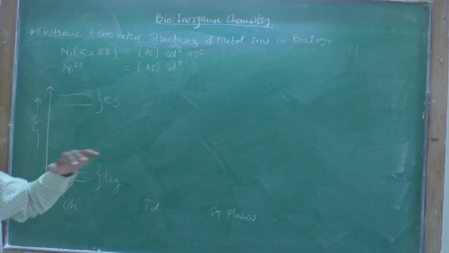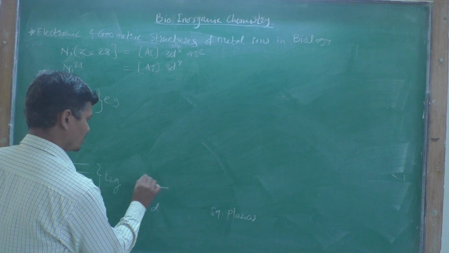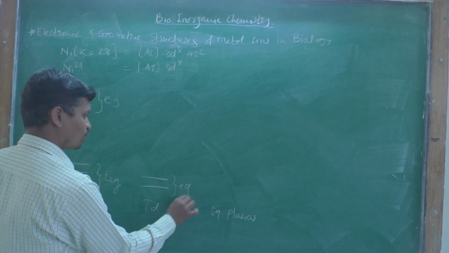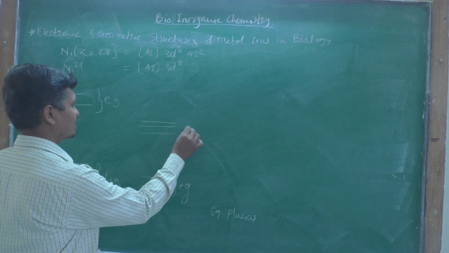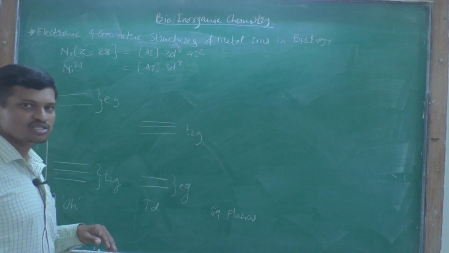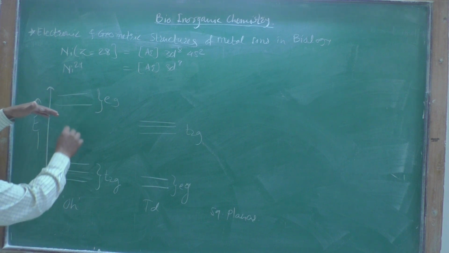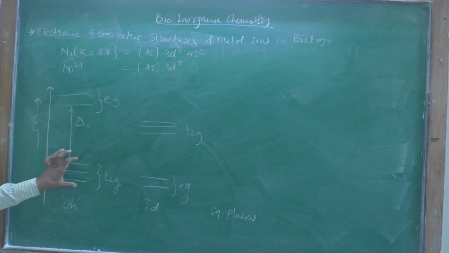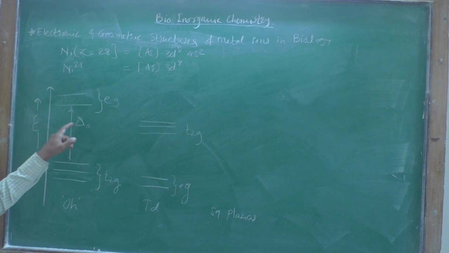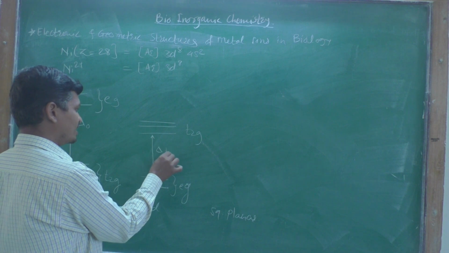The situation is reversed in tetrahedral field, meaning the eg set of d orbitals have lower energy than the t2g. One more point that can be emphasized here: this is the distance of separation between the t2g set and eg set of orbitals, designated by the energy difference Δo, and in tetrahedral field it is indicated by Δt.